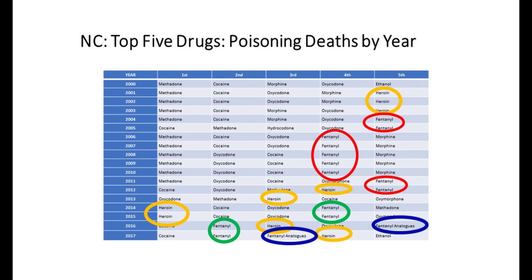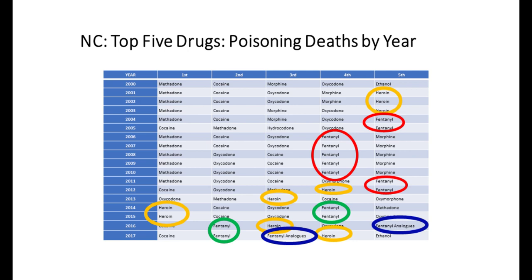This is largely due to illicit medications, opioids, and new and novel psychoactive substances, including fentanyl analogs. So if you look at the top 5 drugs poisoning by year, way back in 2000, 2001, heroin was in the top 5, and then it dropped out, and it was mostly prescription medications, but then it came back again.